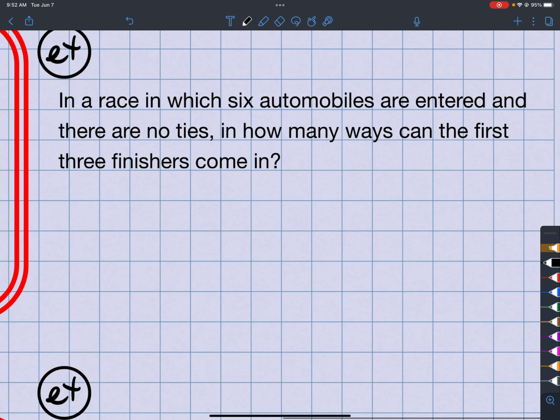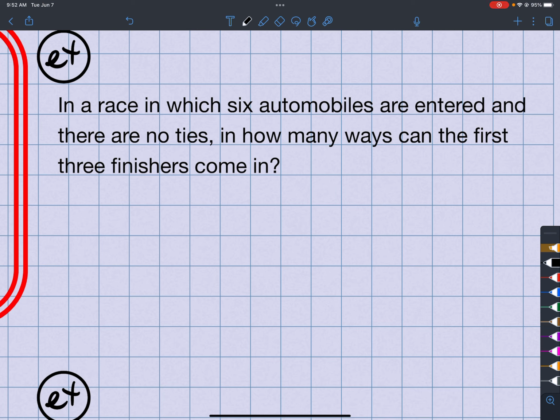A race in which 6 automobiles are entered and there are no ties, right? There's no ties. How many ways can the first 3 finishers come in? Okay, so how many do I have to choose from? I have 6 to choose from. I have to pick 3 of them because I want the first 3 finishers, right?